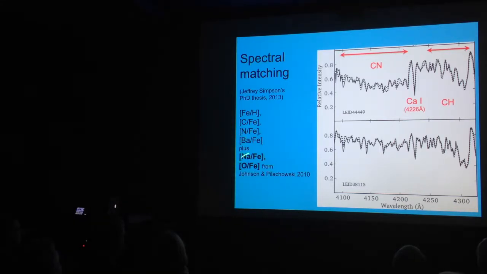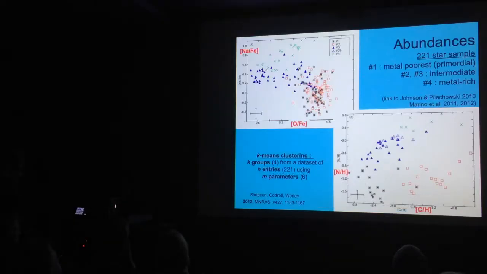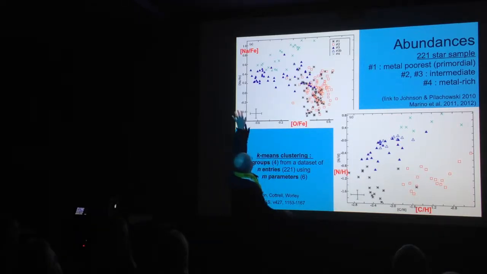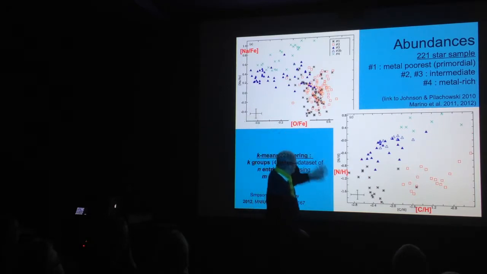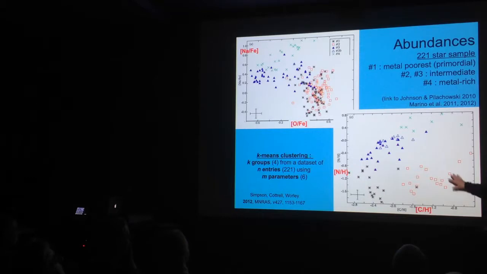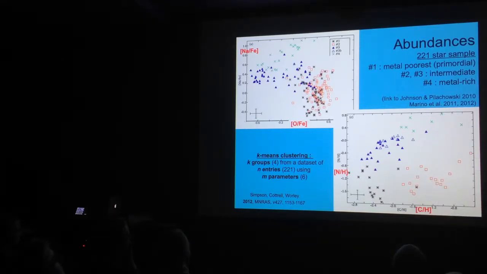And we stole the sodium and the oxygen from the people who'd done some of the studies before. And what he was able to do with much lower spectral resolution was to actually start realising where all these sequences are. I don't want you to try and understand it, but this is the sodium against oxygen, nitrogen against carbon, and the different symbols are these different populations of stars which were on those different sequences.